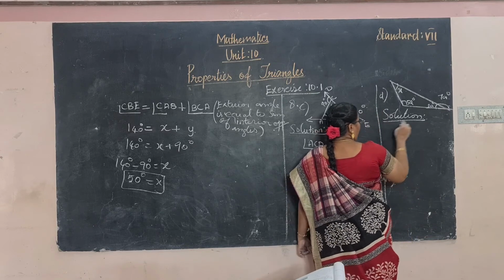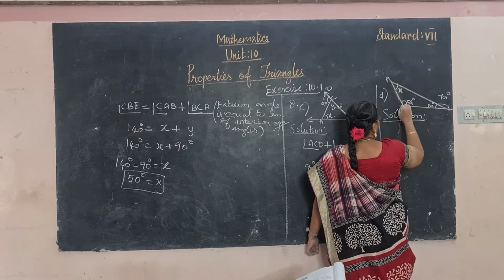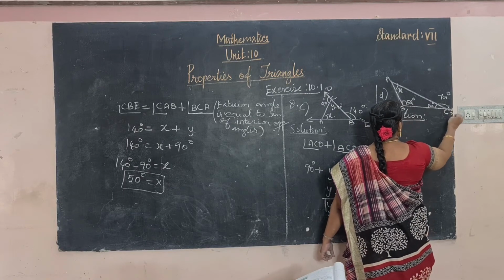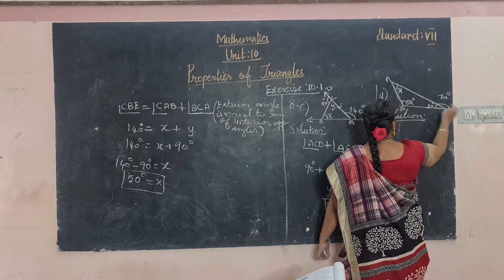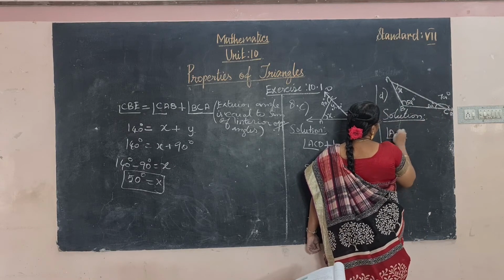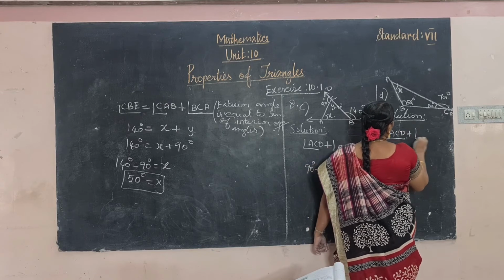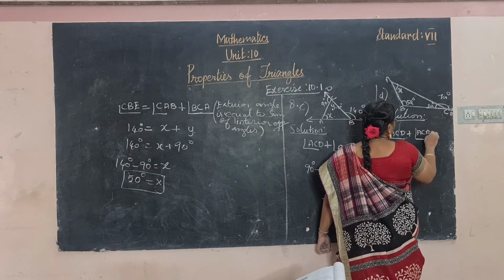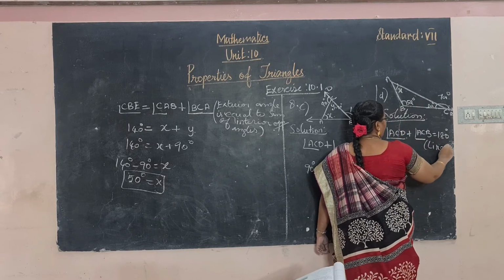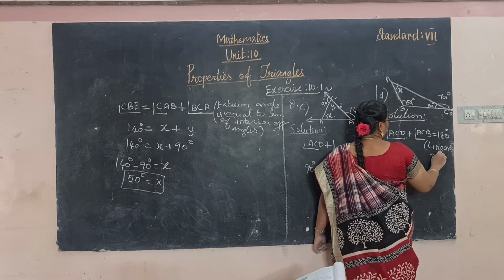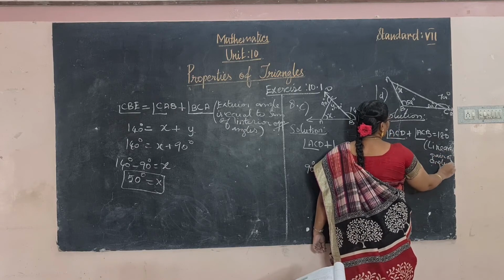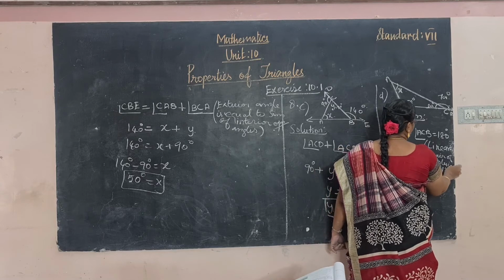We consider A, B, C, D. Angle ACD plus angle ACB is equal to 180 degree, since linear pair of angles is 180 degree.